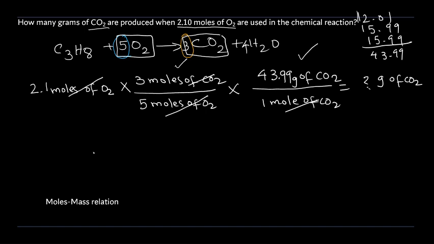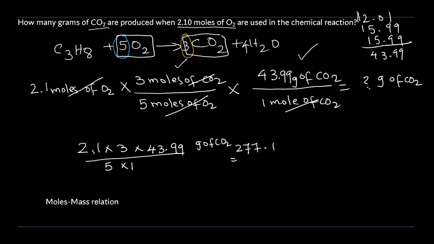And now what we have to do is take the numbers in the numerator, 2.1 times 3 times 43.99, divided by, in the denominator, 5 times 1, and what is left, the unit, is grams of carbon dioxide. When you multiply those numbers, we will get 277.137 divided by 5.